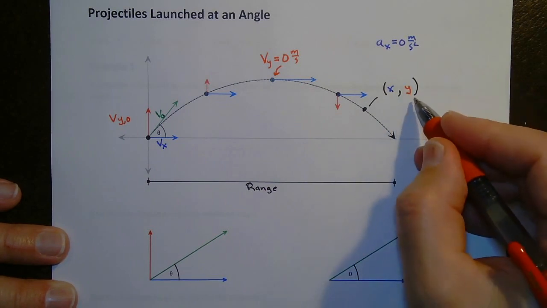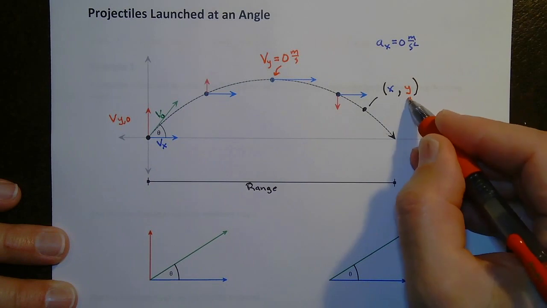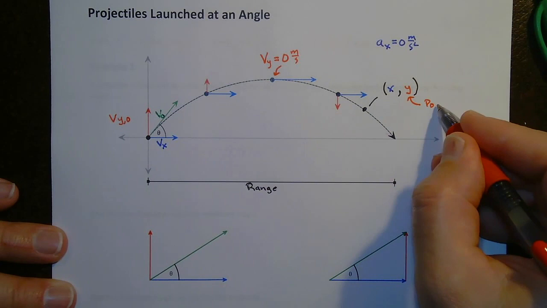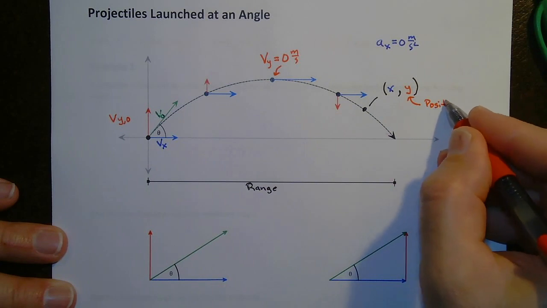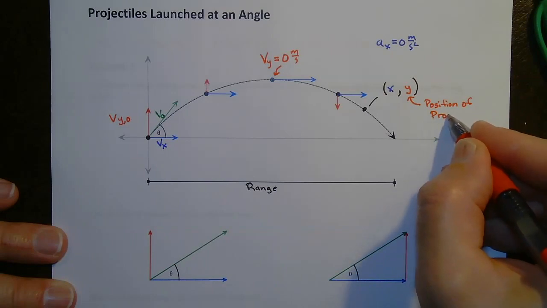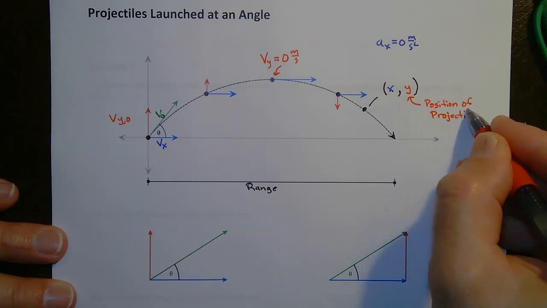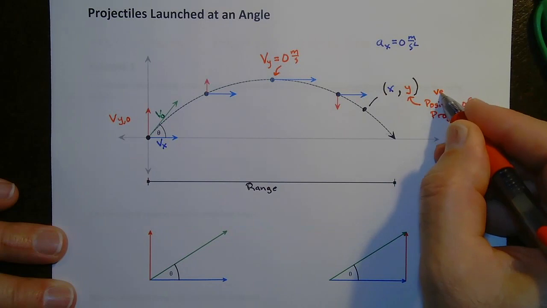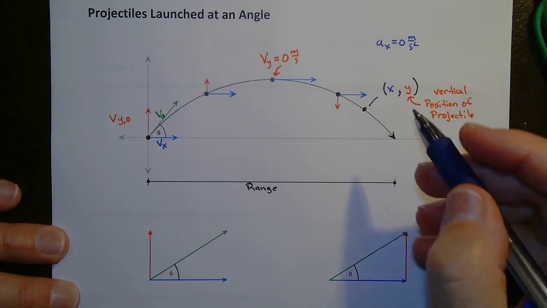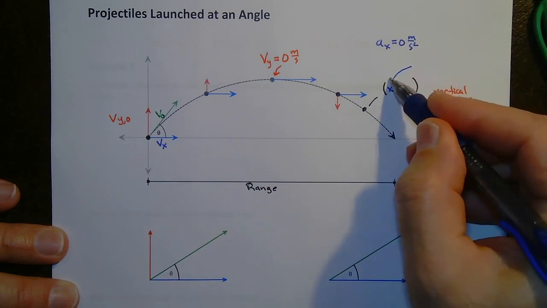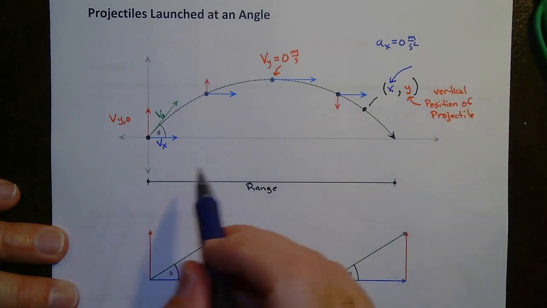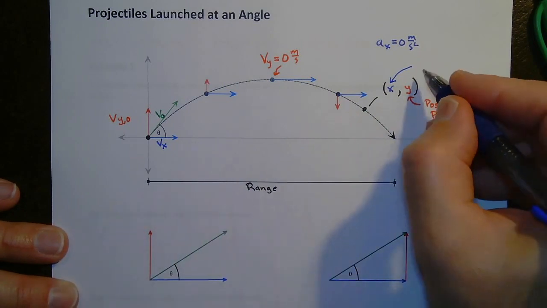This is the height of the projectile, or position of the projectile. I should say vertical position. And then this x right here is the horizontal position. It's also going to be the horizontal distance it's traveled.